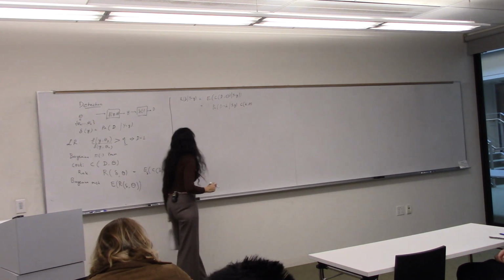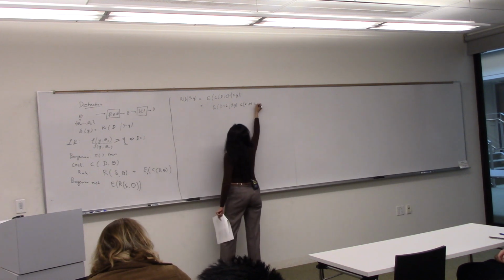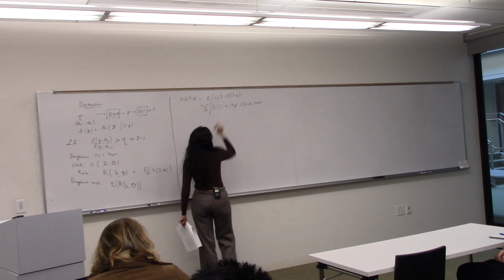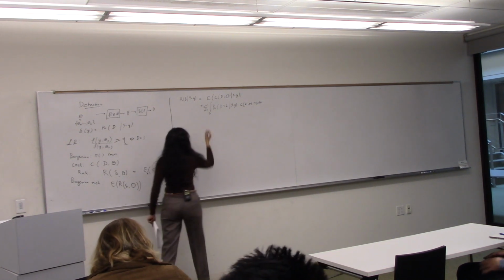And then you'd also take expectation over theta, and you would average over all the possibilities of the decision.